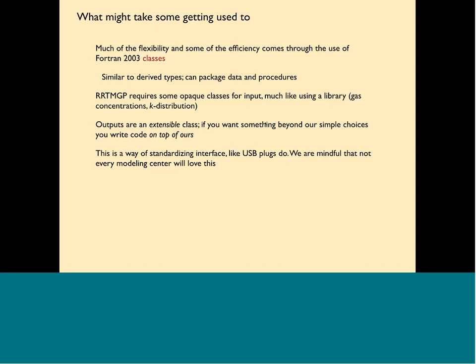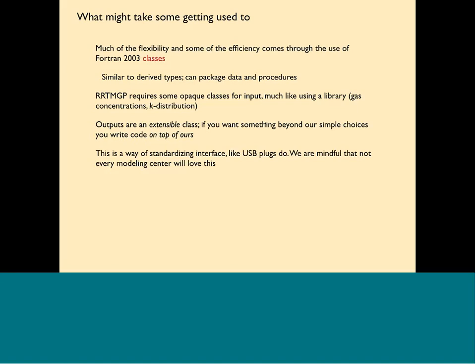But you might want, for example, photosynthetically active radiation at the surface to feed to your land model. So what you do is you take our code and you extend it. You write a very short piece of code that sits on top of ours that will be invoked by RRTMGP, but where you don't have to, for example, plumb in a line that says here is where the output comes for photosynthetically active radiation.